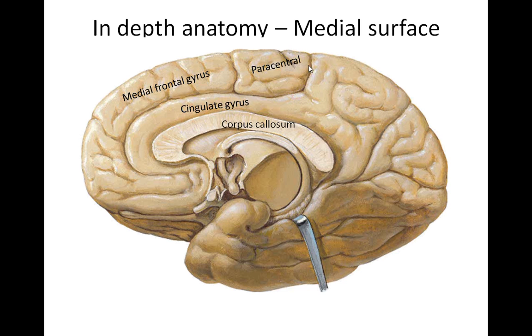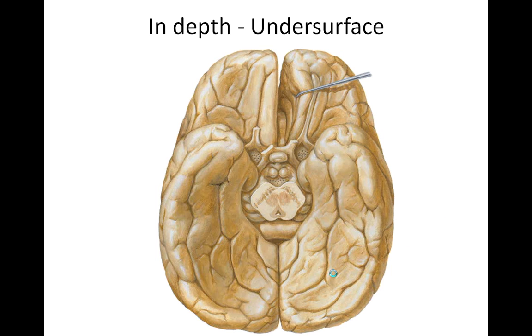Behind the ascending ramus of the cingulate sulcus we have the precuneus area, and in the occipital lobe between the parieto-occipital and calcarine sulci we have the cuneus, and below the calcarine sulcus we've got the lingula of the occipital lobe. The medial surface of the temporal lobe is also seen, but we'll study that in more detail once we have a look at the undersurface, which we'll do now.